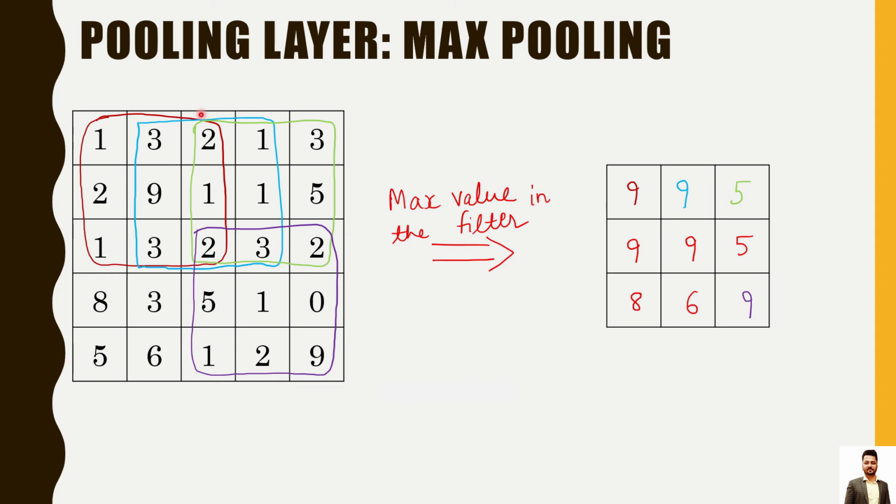Similarly in the third stage of this filtering over the single row with the stride of 1, 213, 115 and 232, the maximum value is 5. So this is how we calculate the maximum values. Similarly at the last filter, 232, 510, the maximum value is still 9, the violet square. I have filled the other values also, you can verify on your end.